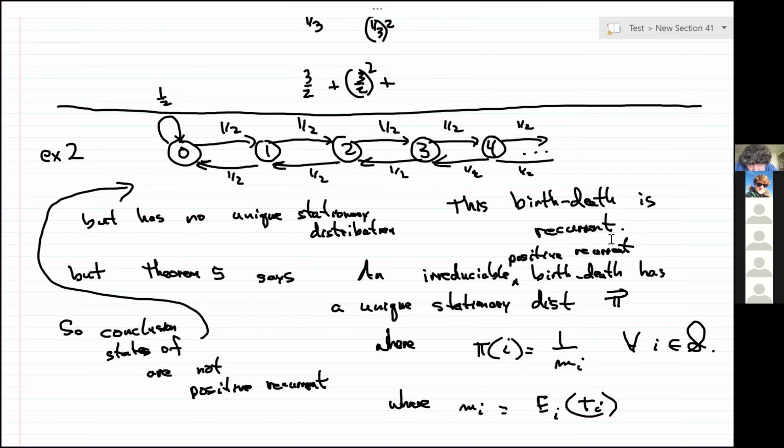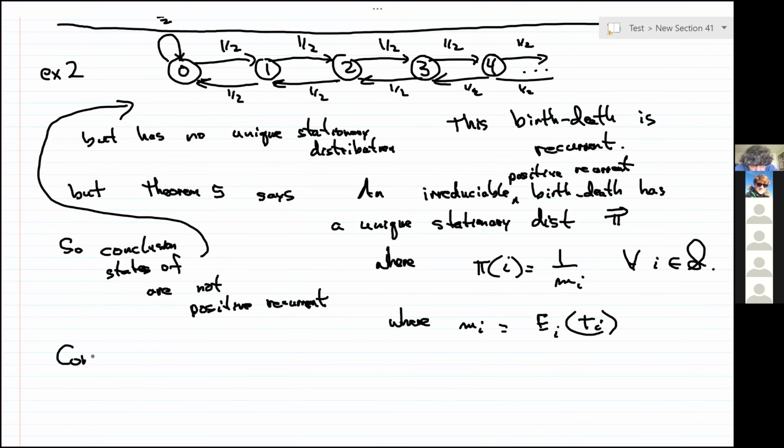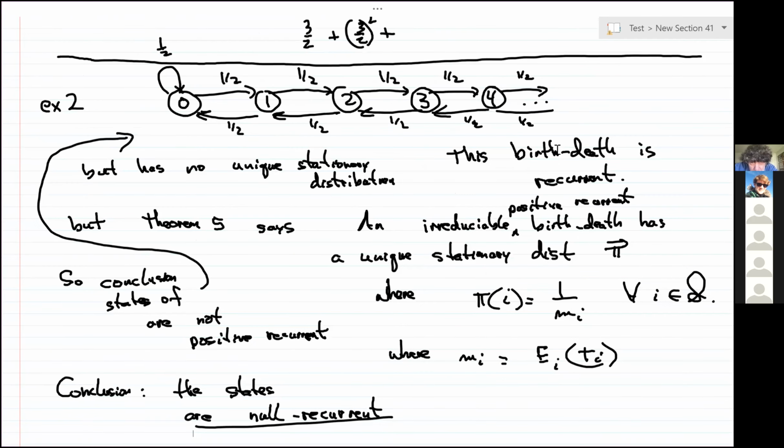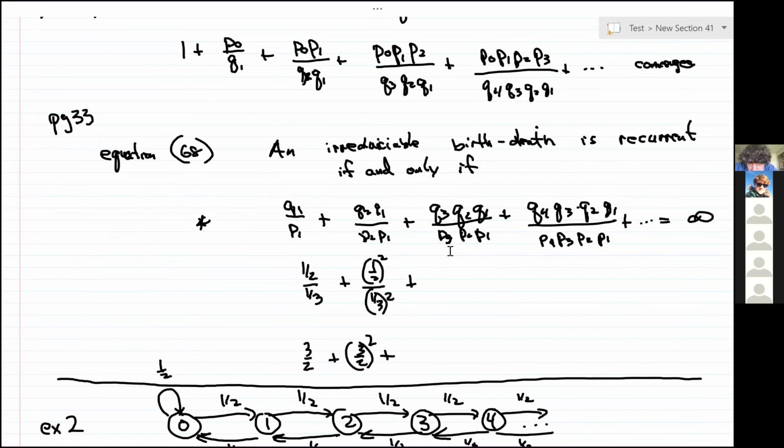So what must they be? Conclusion: the states are null recurrent. Why? Well, we already know they're recurrent by this thing back in chapter 1, because the sum is infinite here.